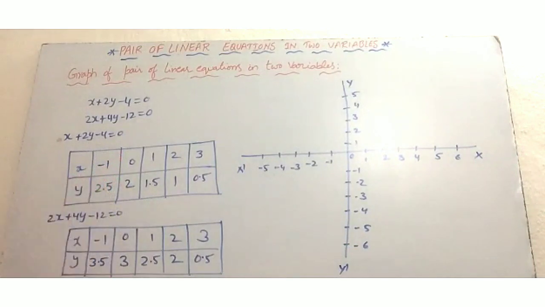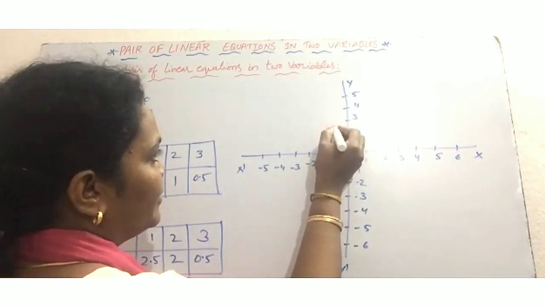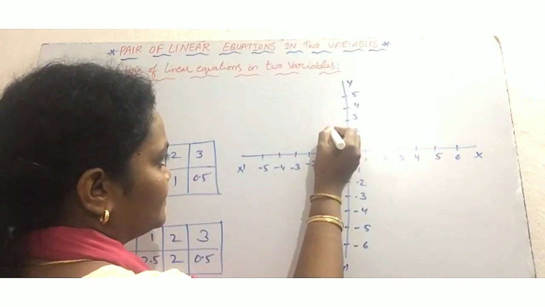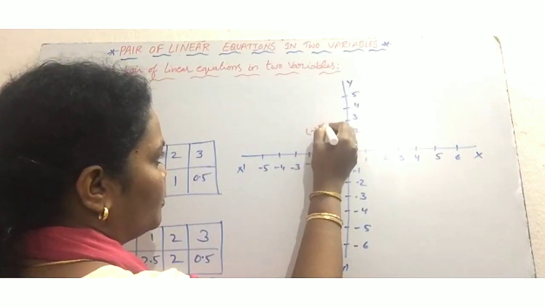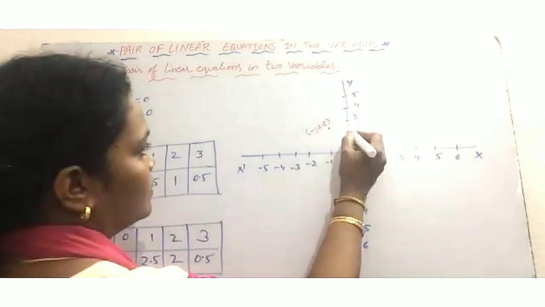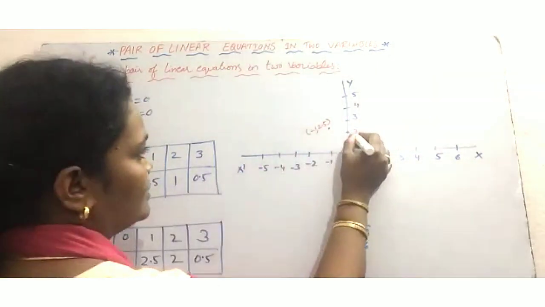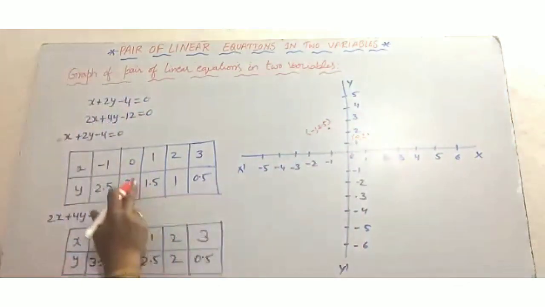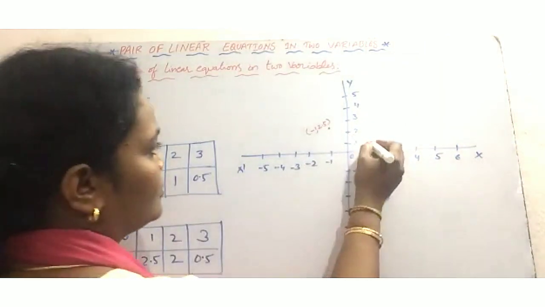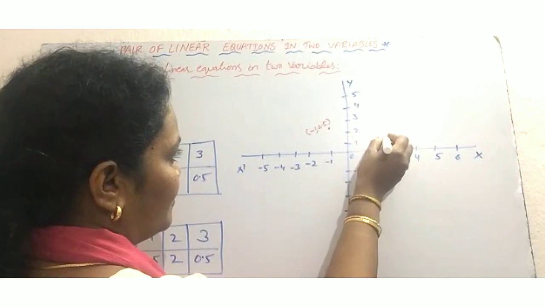Minus 1 comma 2.5. So this is minus 1 and 2.5 here. And next 0 comma 2. And next 1 comma 1.5.